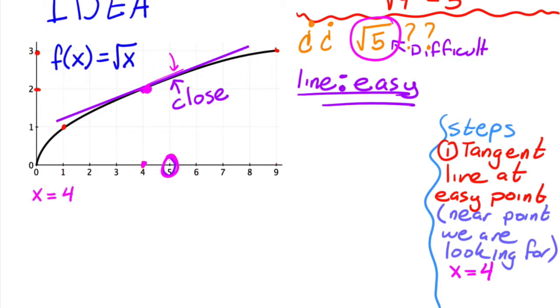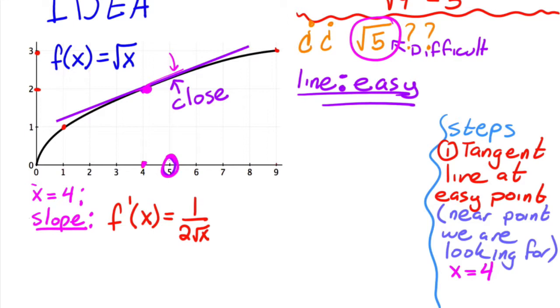So if x is equal to 4, the first thing we do is find the slope. To find the slope, we need to find the derivative of our function. The derivative of square root of x is 1 over 2 root x.